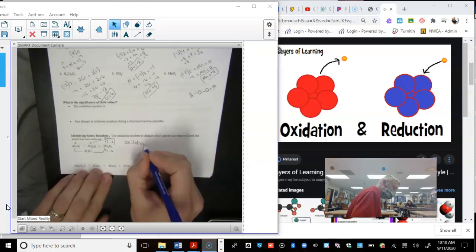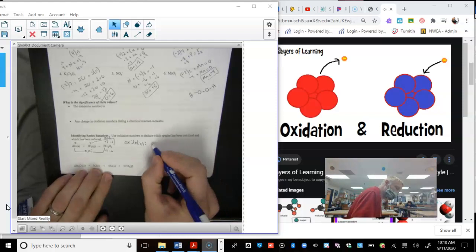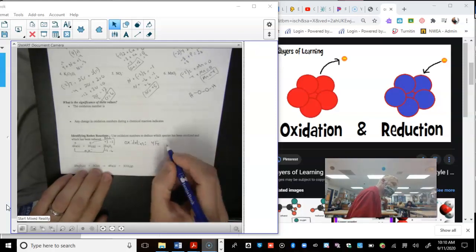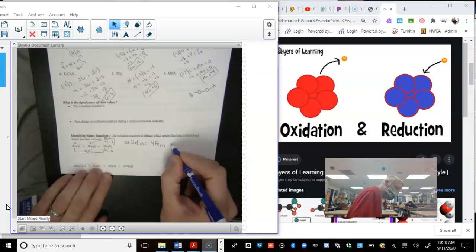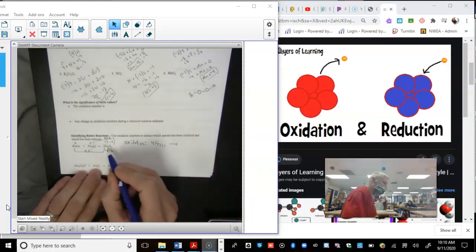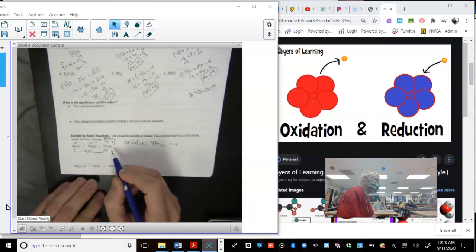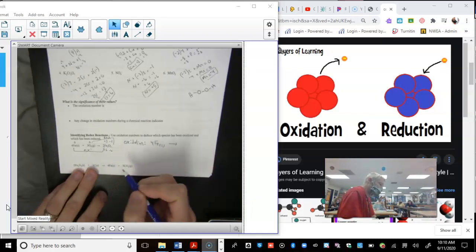So now what I'm going to do is my oxidation half reaction. Just labeling it. And we started with 4 irons. And that's solid. And we ended with, technically what we're going to do is we're going to break this up. There's no state of matter here, so this is either a solid or aqueous.